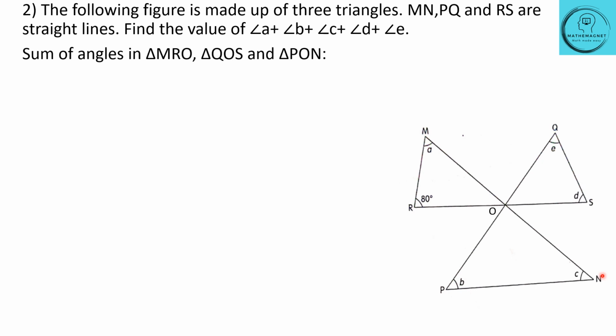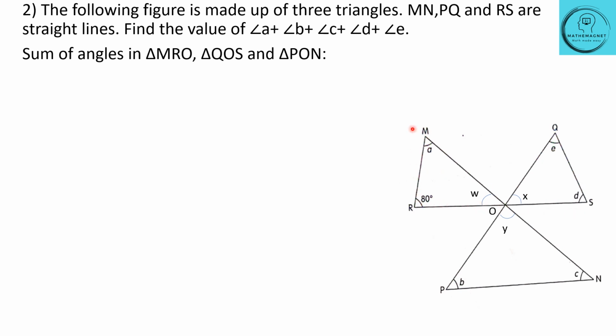So sum of angles in triangle MRO, triangle QOS and triangle PON, we are going to find it out. So I'll name these unknown angles in each triangle as W, X and Y. The other angles are already either given or are named. So how will we write the equation?